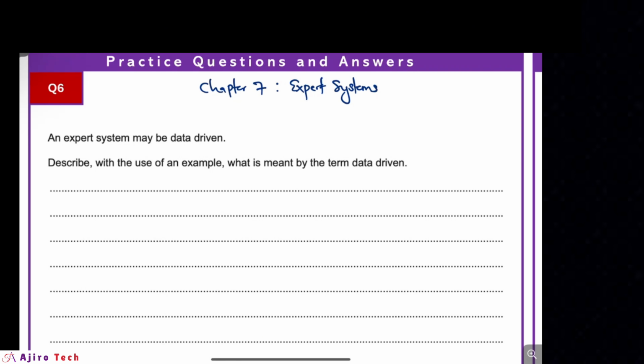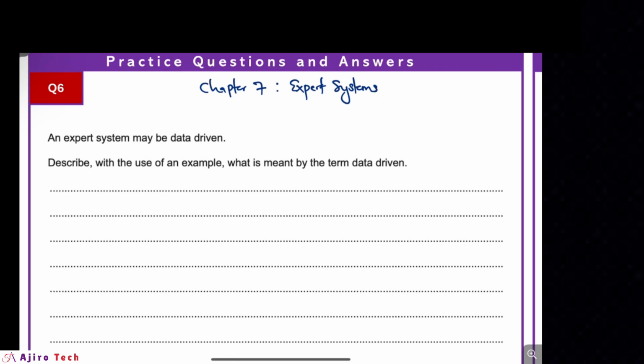If there's a flu and there's a headache, then please see a doctor. So it gives that advice to possibly seek medical advice. So data driven uses forward chaining, goal driven uses backward chaining.